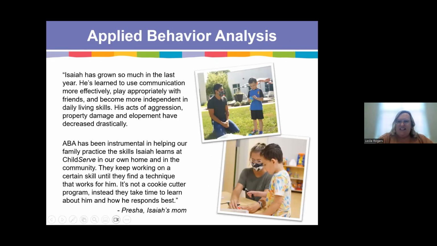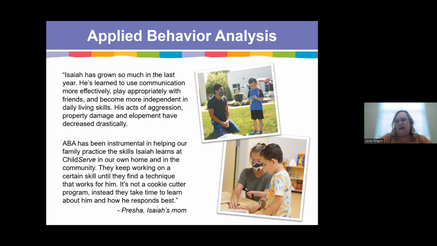With each of the services, I wanted to include a quote or a short story that illustrated the success the program had or the child and family had. So you'll see pictures throughout the presentation of a quote from a family, or a picture of a child illustrating what they benefited from.